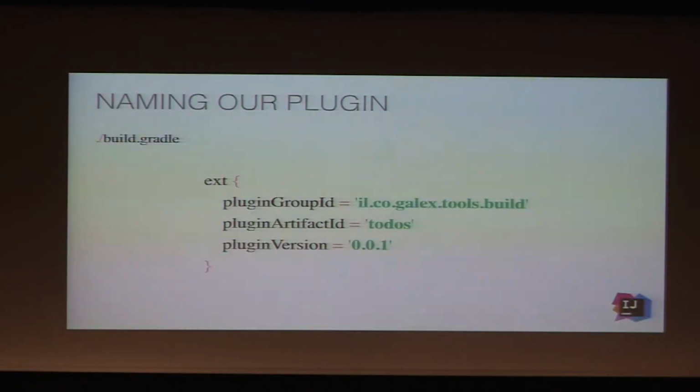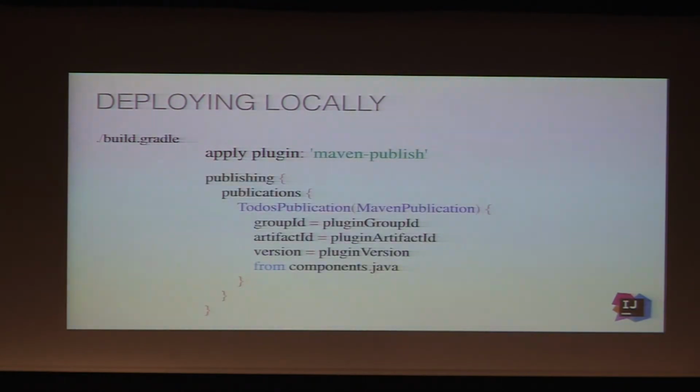So we're going to first name our plugin. We're going to add some extension with a plugin ID, artifact, and version to deploy to Maven local. We're going to be able to deploy locally by using a Gradle plugin called Maven Publish, which gives us this little API to define what we're going to publish to Maven.